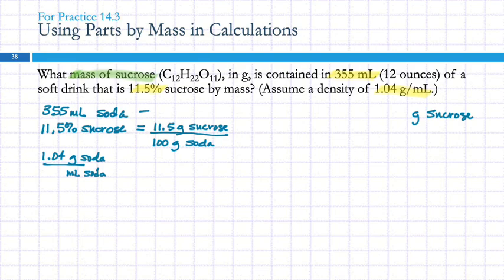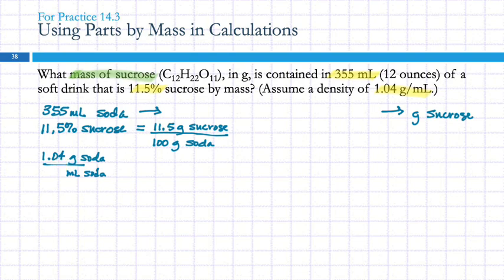We're going to start with the soda, and we're going to try to figure out how we can get from milliliters of soda to grams of sucrose. Well, let's look at what we were given. We've got milliliters of soda here. The density relates milliliters of soda to grams of soda.